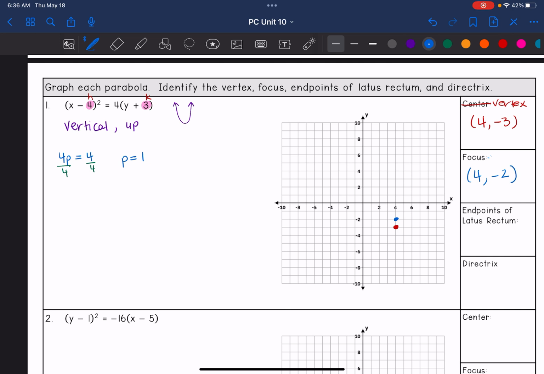What that also means is that the directrix is going to go the opposite direction. So instead of going up, we're going to go down, and that's where the directrix needs to be, but it's not a point, it's a line. So it needs to be going through about right there. And so that is negative 4, but it's an equation. Since it's horizontal, that is y equals negative 4.